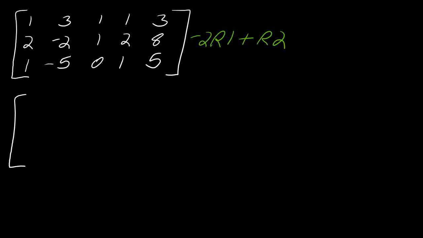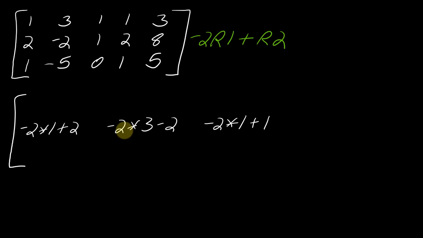For this first step, I will show you exactly what is happening. I'm going to do the middle row first. I'm taking -2 times each entry here. So this is -2 times 1 plus 2, and then -2 times 3 minus 2, -2 times 1 plus 1.